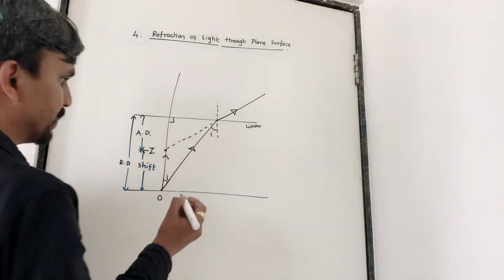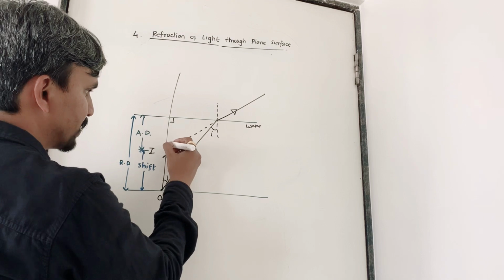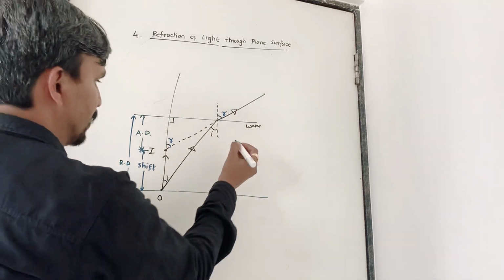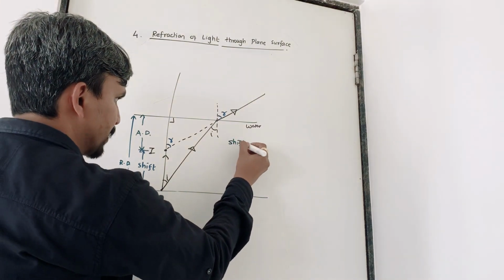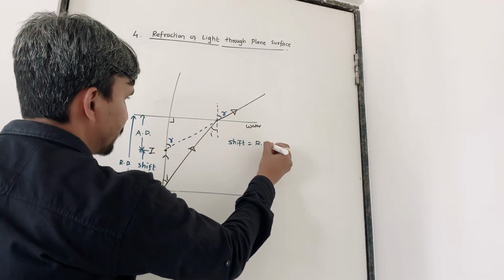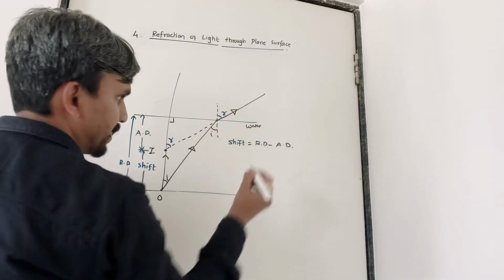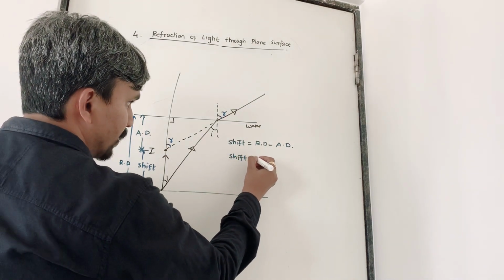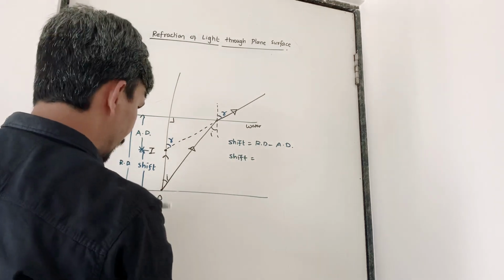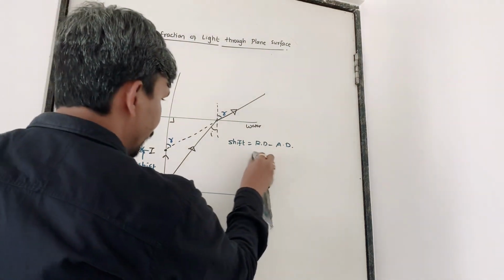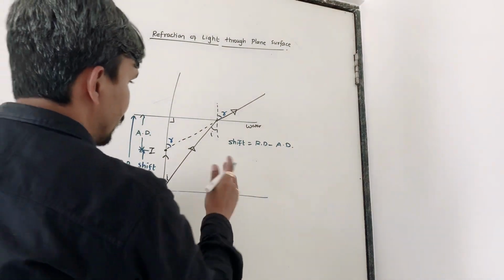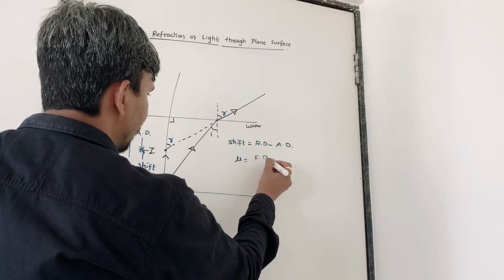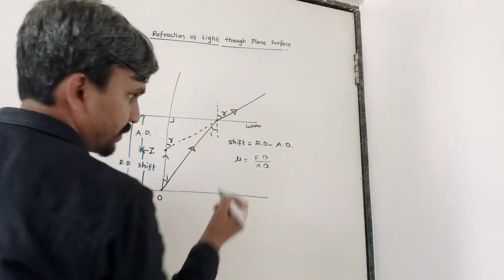So here this is i, and this is also r, because this is your r. Here we write shift is nothing but the difference between real depth minus apparent depth. Now the refractive index, that is mu, is equal to real depth upon apparent depth.